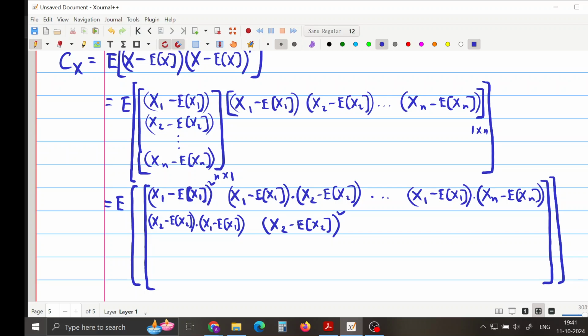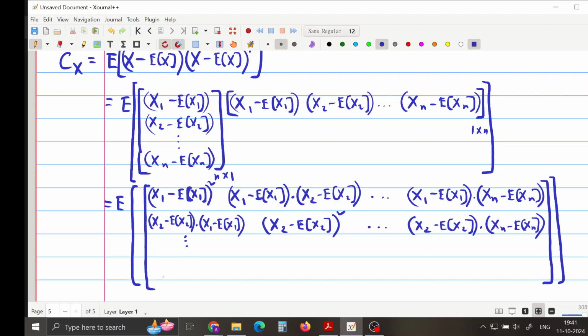So these square terms are occurring in the diagonal entries, right? And all the way till x2 minus expectation of x2 times xn minus expectation of xn.